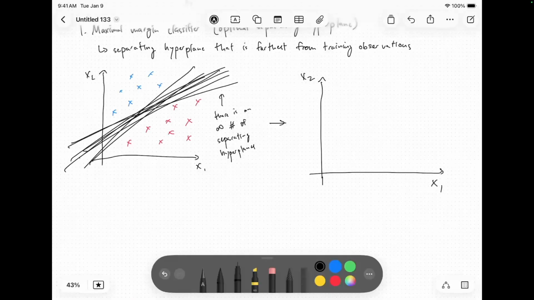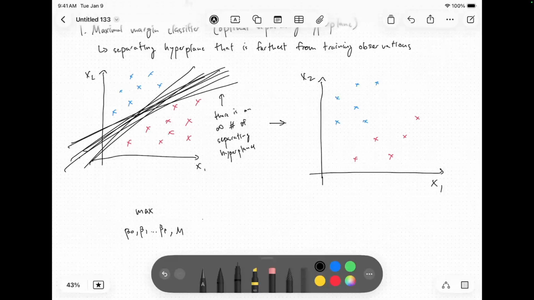x1, x2, let me draw. So the math of this looks something like this. I want to maximize with respect to beta 0, beta 1, and so on, I'm going to write the generic version, comma m.